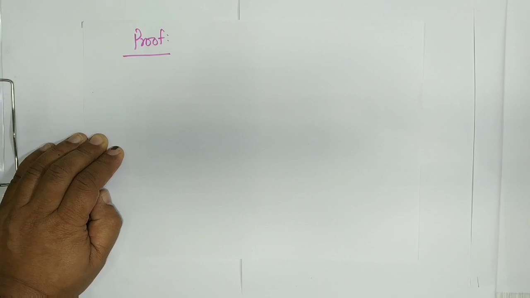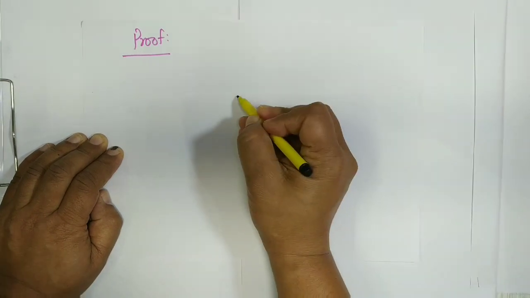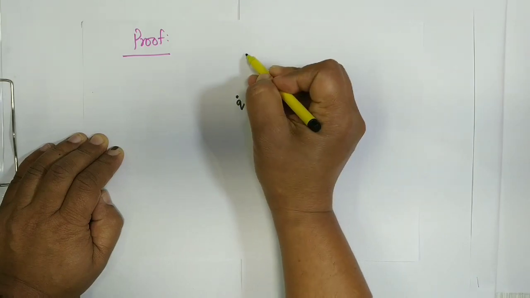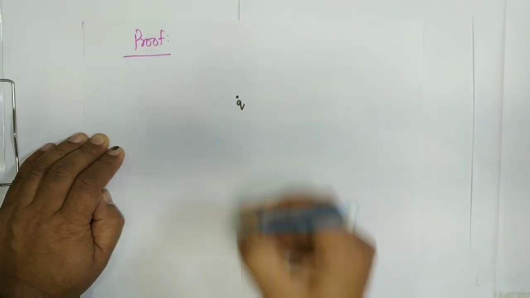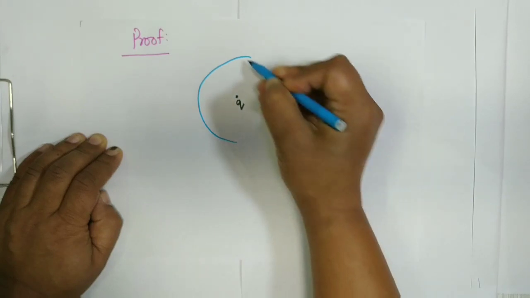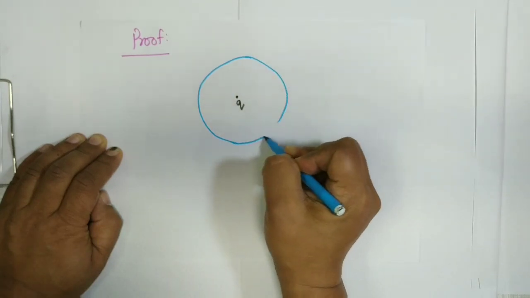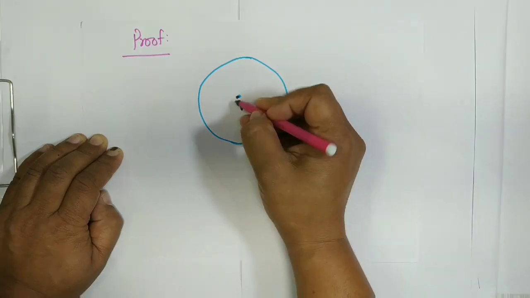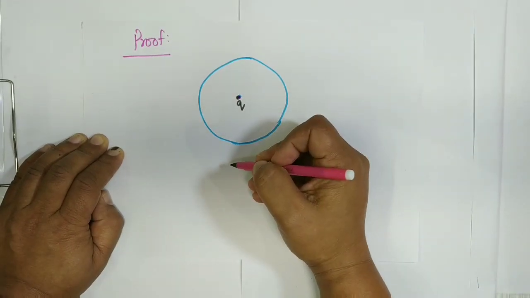Very simple. How we are going to prove it is that there is a charge, say there is a point charge Q, and if there is a point charge, certainly there will be a Gaussian surface like a solid sphere, like a sphere here, and this is a point charge.